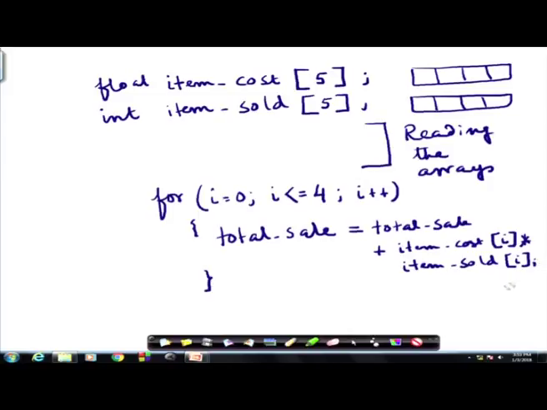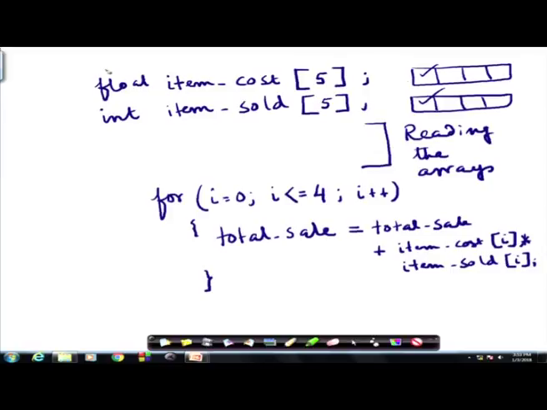So, this will be done in a loop, and so I will take the first item cost 0, multiply that with item sold 0, add that with the total sell which was initialized to 0.